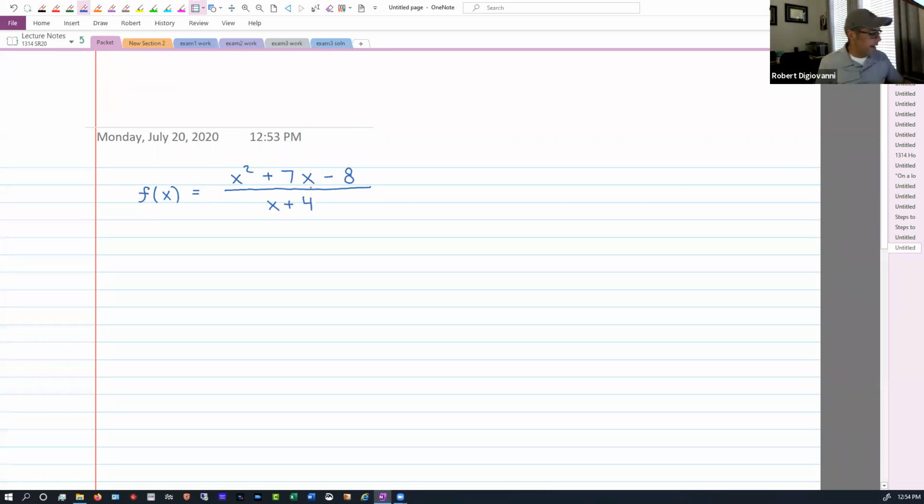All right, so what's the first step? Is it rational, right? It is. Second step, we want to find the X-intercepts. To do that, we set the numerator to 0. So we set the top to 0. What type of equation is this that we're looking at? Quadratic, yes?